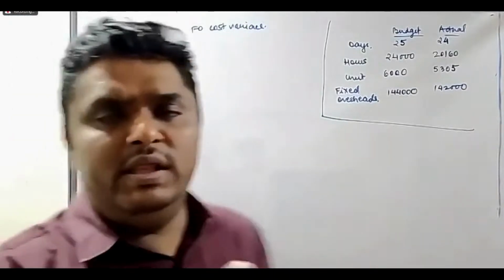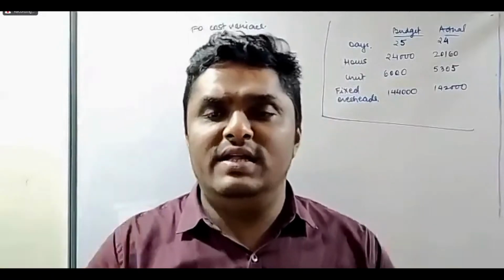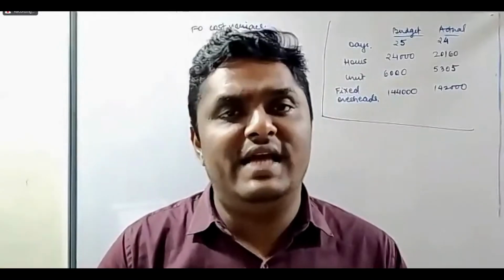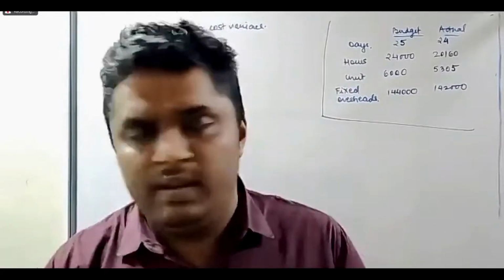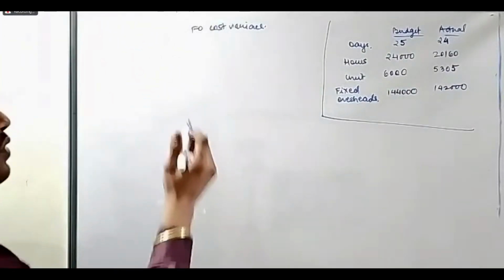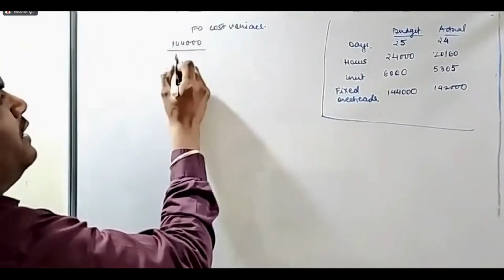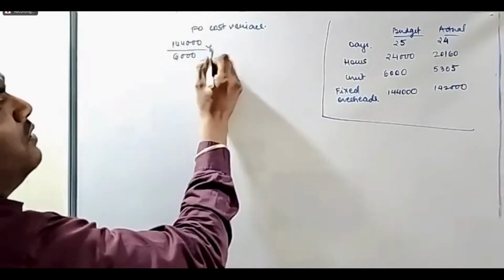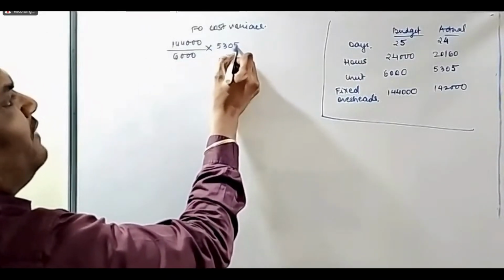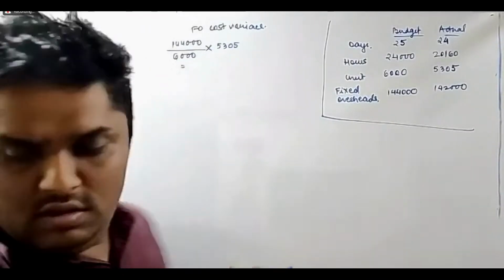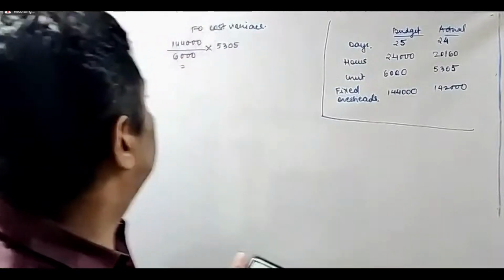Again, I'll be solving the question the same way. I will not be following any other method. The method that I have discussed, I'll be discussing in the same way. So very simple, guys. Cost variance: 1,44,000 overhead for 6,000 units, so for 5305 units, how much are my absorbed overheads?